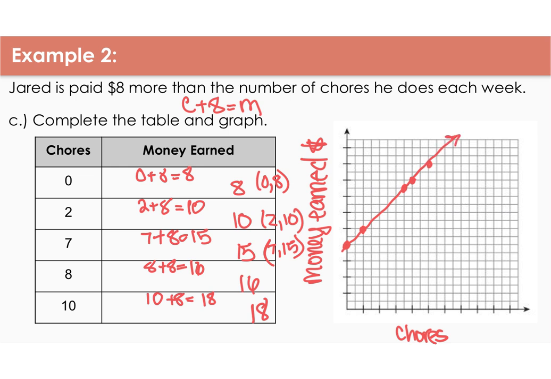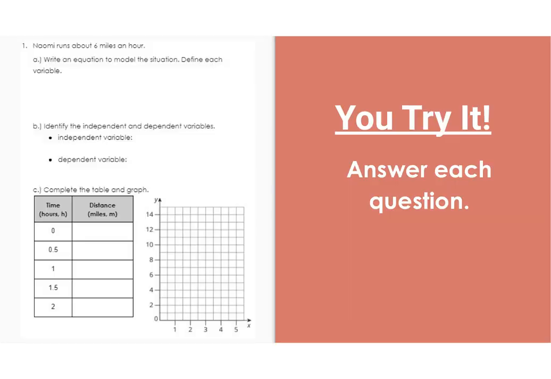Once again, chores are my independent variable, and money would be my dependent variable. So your independent variable is going to go on your x-axis. Okay, your turn. You try it.